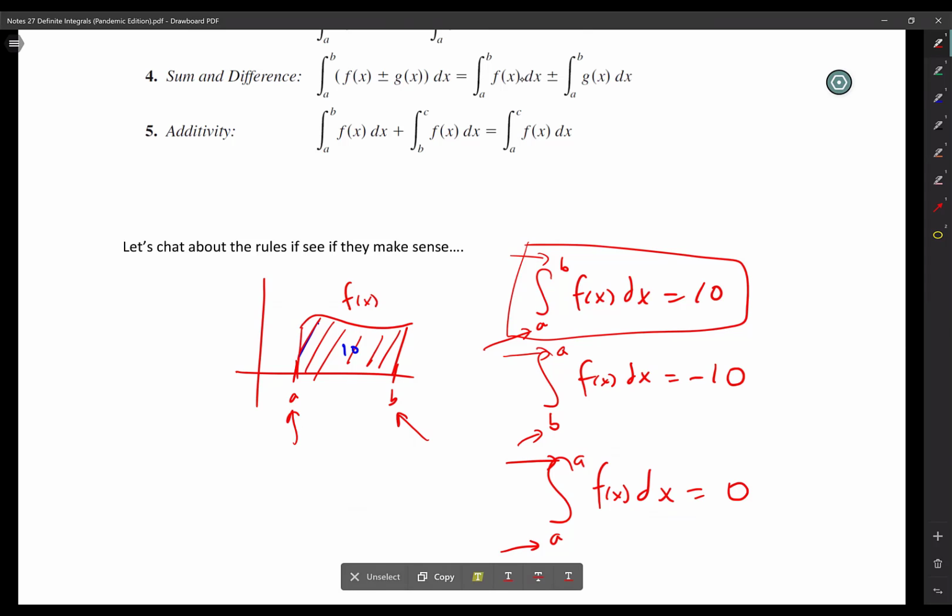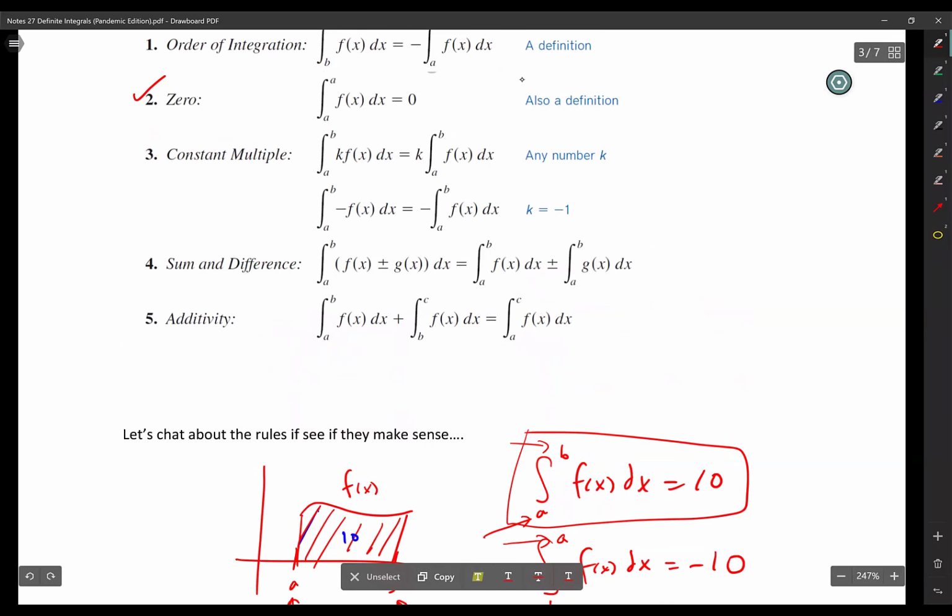It doesn't move. You start and end at the same spot, so you do not move. If you do not move, is there any way that you can calculate area? No. So it makes perfect sense to me. A to A of f of x dx is 0. So that takes care of rule number two.